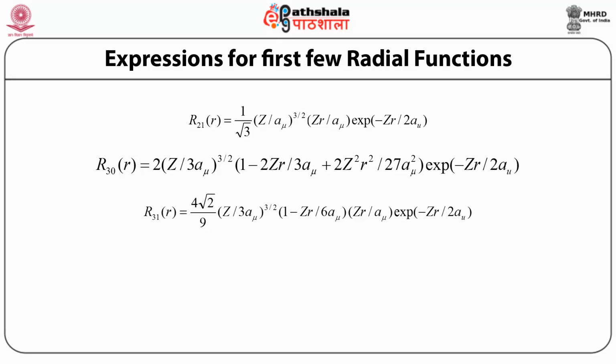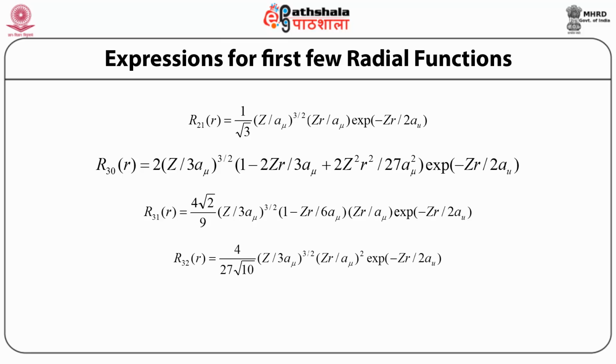R31 as a function of r is equal to 4 root 2 by 9 multiplied by (Z by 3a_mu) to the power 3 by 2 multiplied by (1 minus Zr by 6a_mu) multiplied by Zr by a_mu. This is multiplied by exponential of minus Zr by 2a_mu.